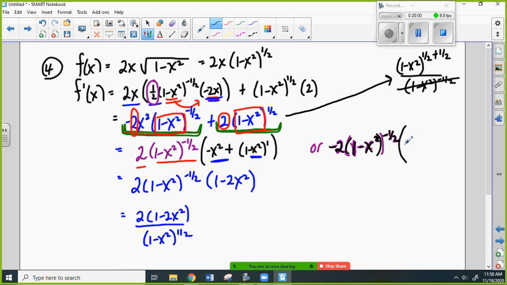Well, then the x squared that's left over will be positive, but the 1 minus x squared that's left over will be negative. And that requires distributing the negative to combine like terms. And so that one ends up being positive 2x squared minus 1.